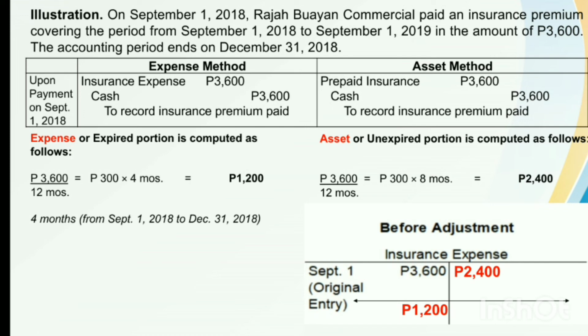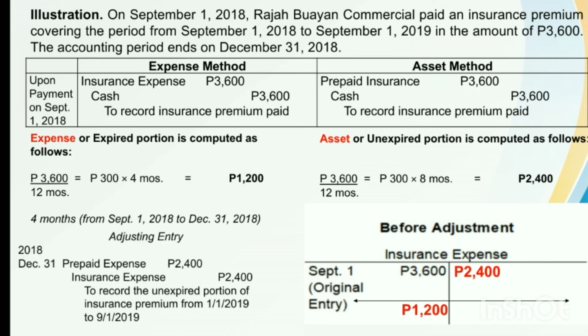This is still unexpired. So this will be the journal entry: we have debit to prepaid insurance 2,400 pesos and then credit to insurance expense 2,400 pesos. The 2,400 pesos that was removed from the insurance expense is recorded in the adjusting entry by crediting the insurance expense, which is also 2,400.